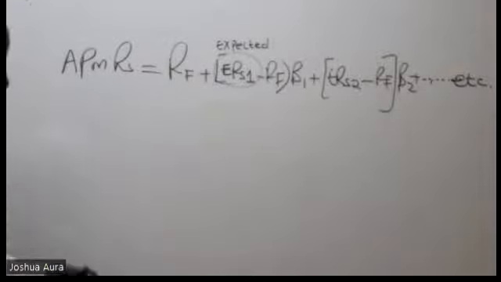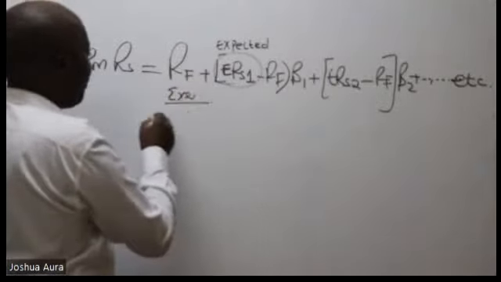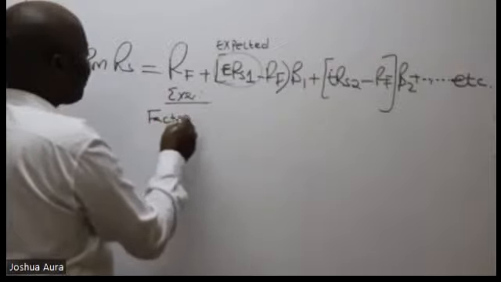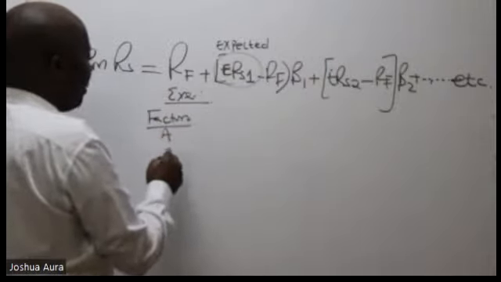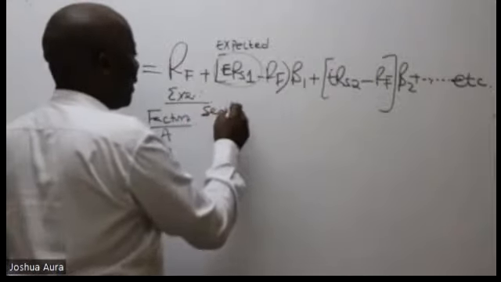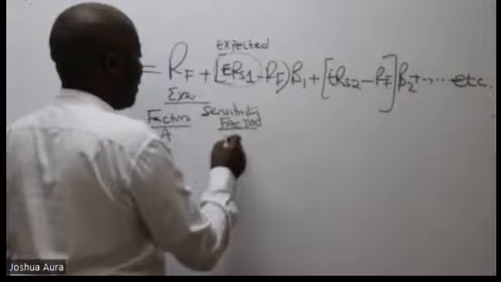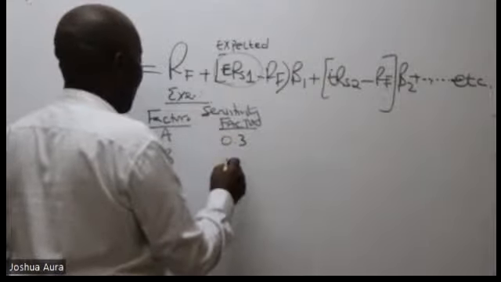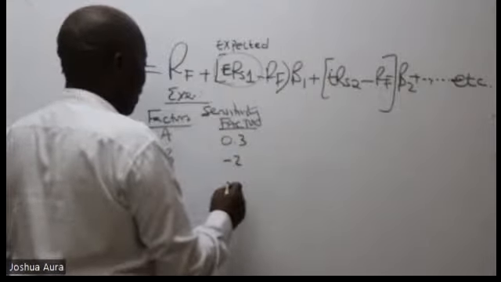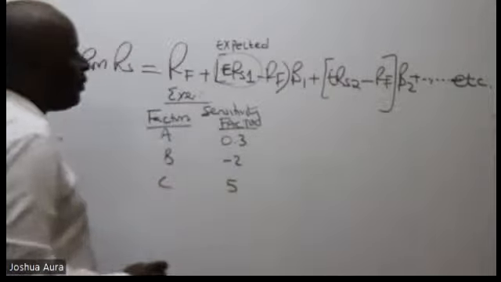Now, ladies and gentlemen, here we have an exercise. We have factors A, B, C. We have what we call the sensitivity factor. This could be 0.3, this could be -2, this could be 5.